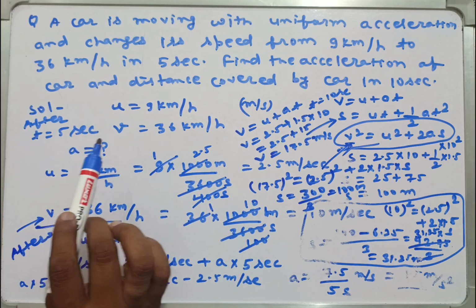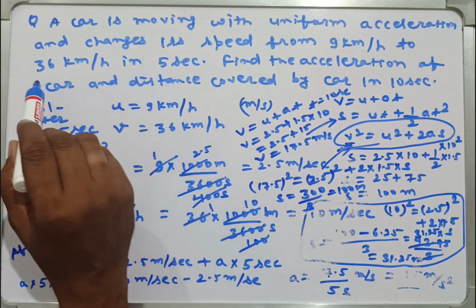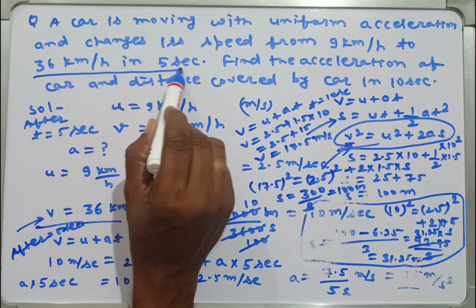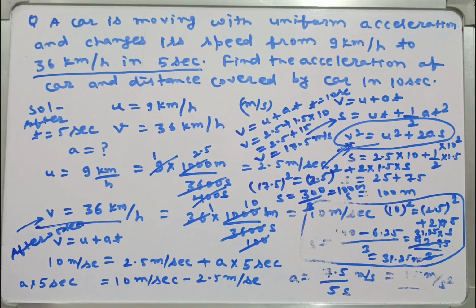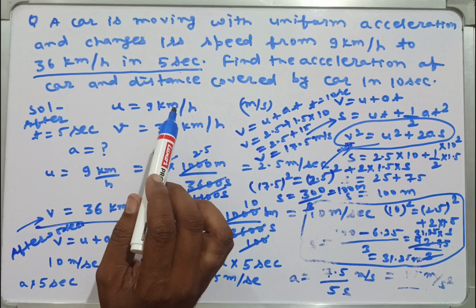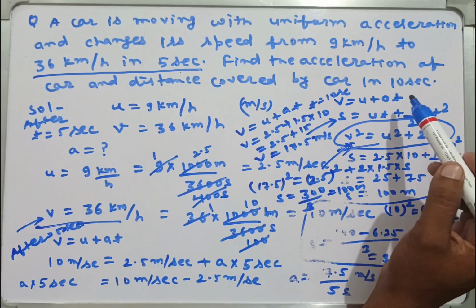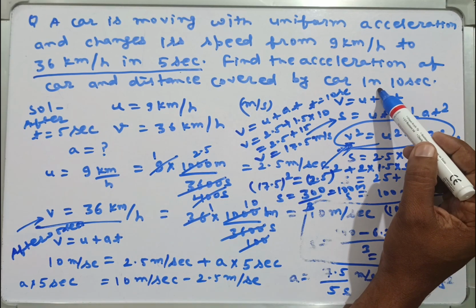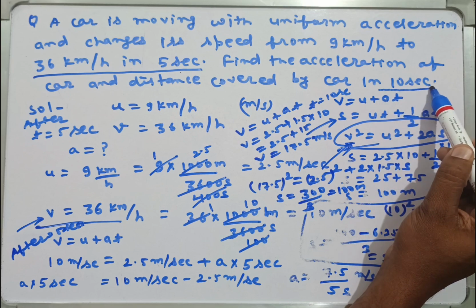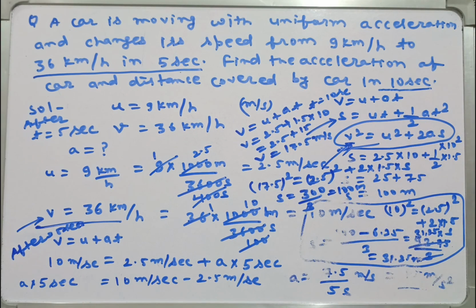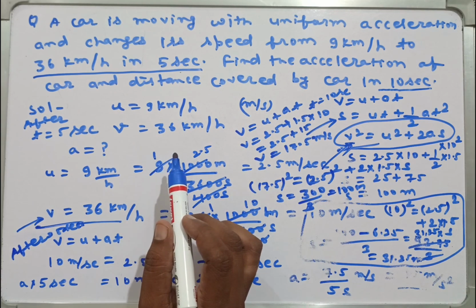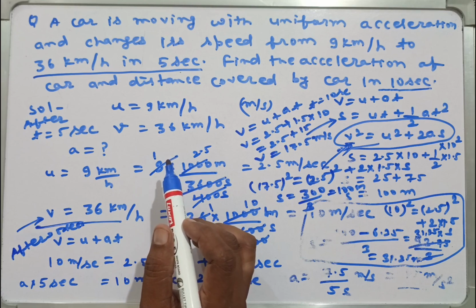Okay, so this question is tricky because the velocity is telling after time elapse of 5 seconds. But the question is asking the distance after 10 seconds. So finally we conclude, guys, that when you solve such type of problem, you must see at what time the final velocity reached.